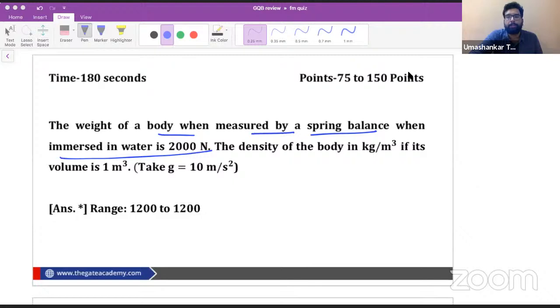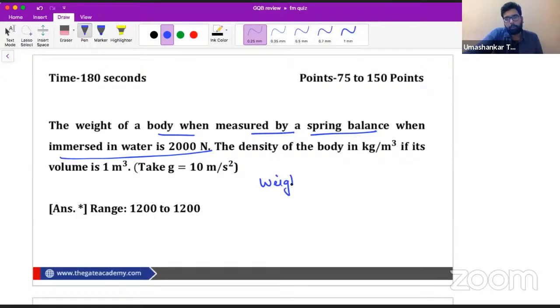We very well know by Archimedes principle that whenever a body is immersed in a liquid, it undergoes an apparent loss of weight, right? So what can we say?